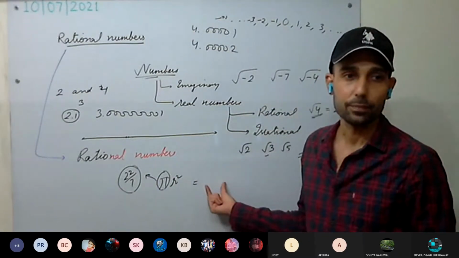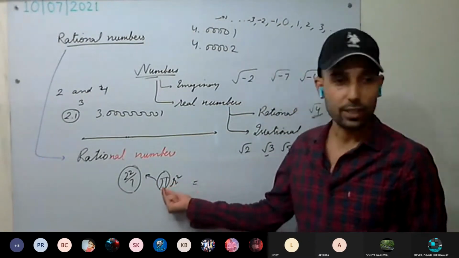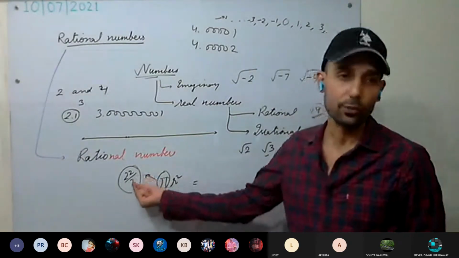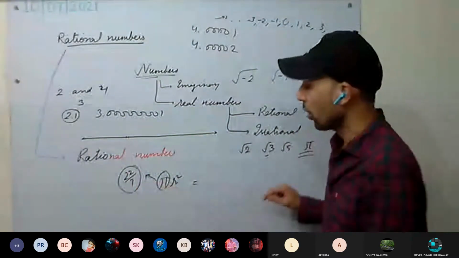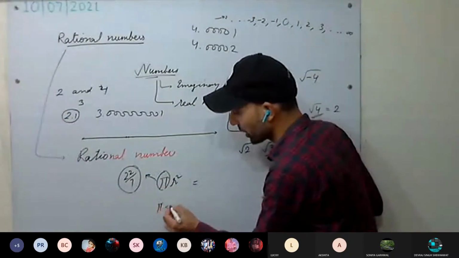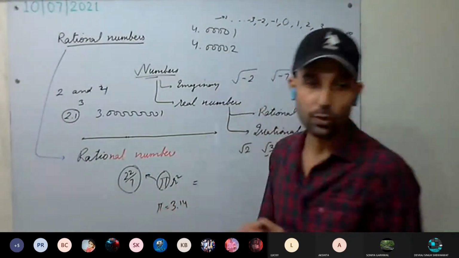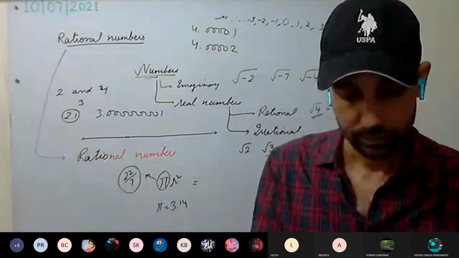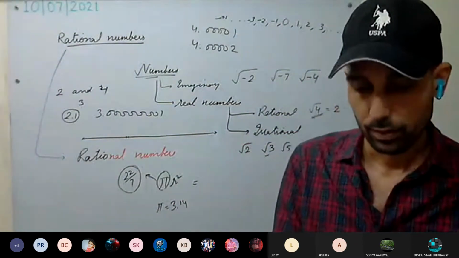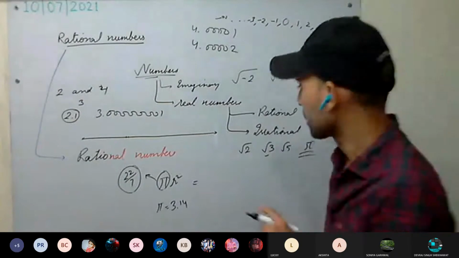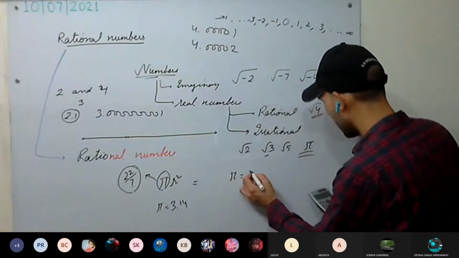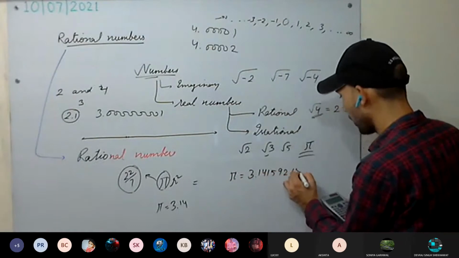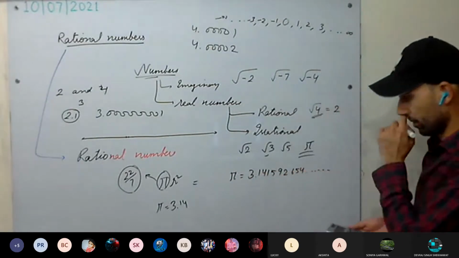Understood now? Pi is an irrational number, but its value we are taking nearly equal to 22/7, which is a rational number. Or what value do you take? 3.14, yes or no? Pi's value if we calculate comes out to be 3.141592654, and it is never ending.